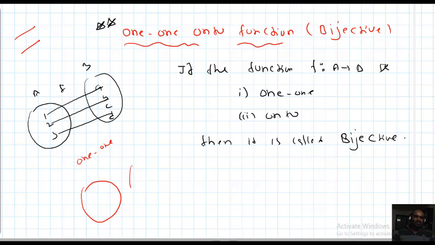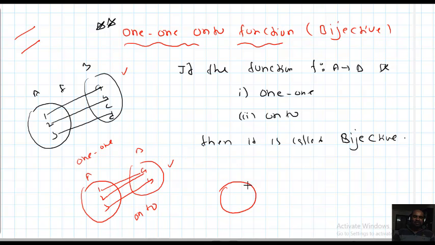Next one. Not one-one, onto, this one is onto, not one-one. So this is only one-one. I can't say it is bijective because it is not onto. This one is also onto, not bijective because it is not one-one.